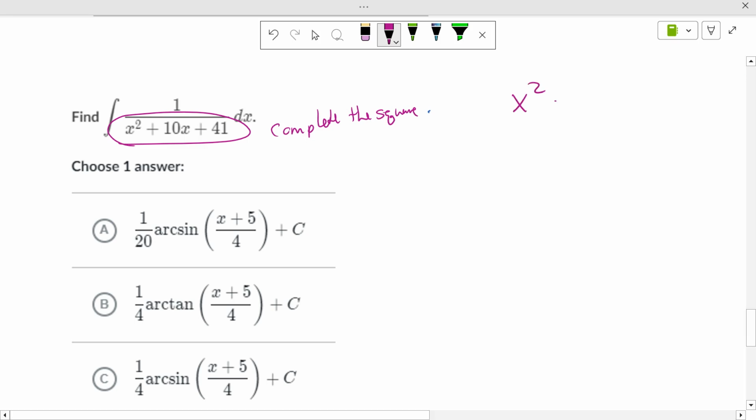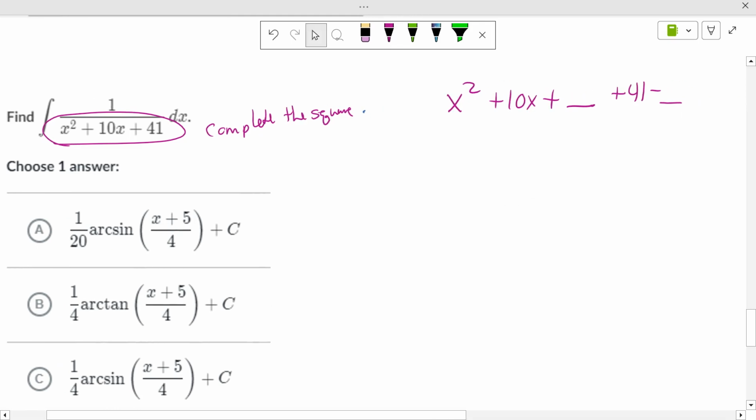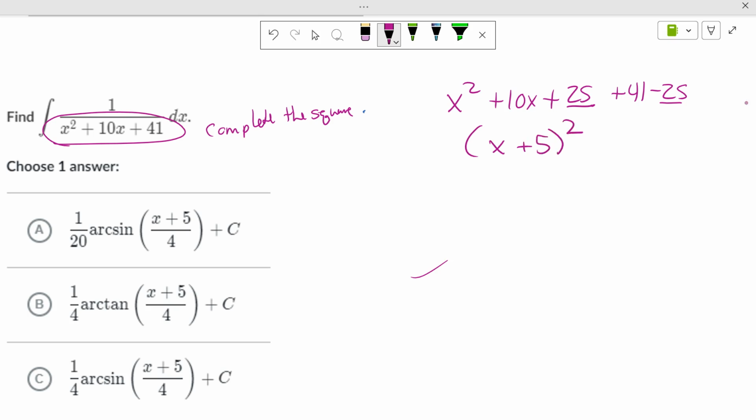So x squared plus 10x plus blank plus 41 minus blank. What's half of 10? 5. 5 squared is 25. So we add a 25 and we subtract a 25. So this is x plus 5 squared. What's 41 minus 25? Plus 16. So it's 16 plus x plus 5 squared, and 1 over that.